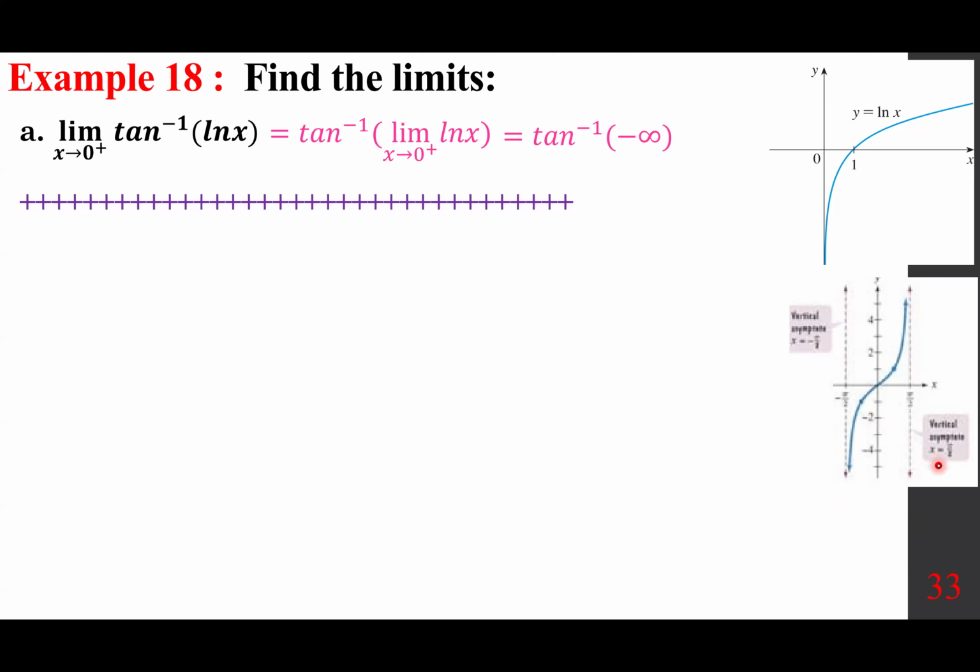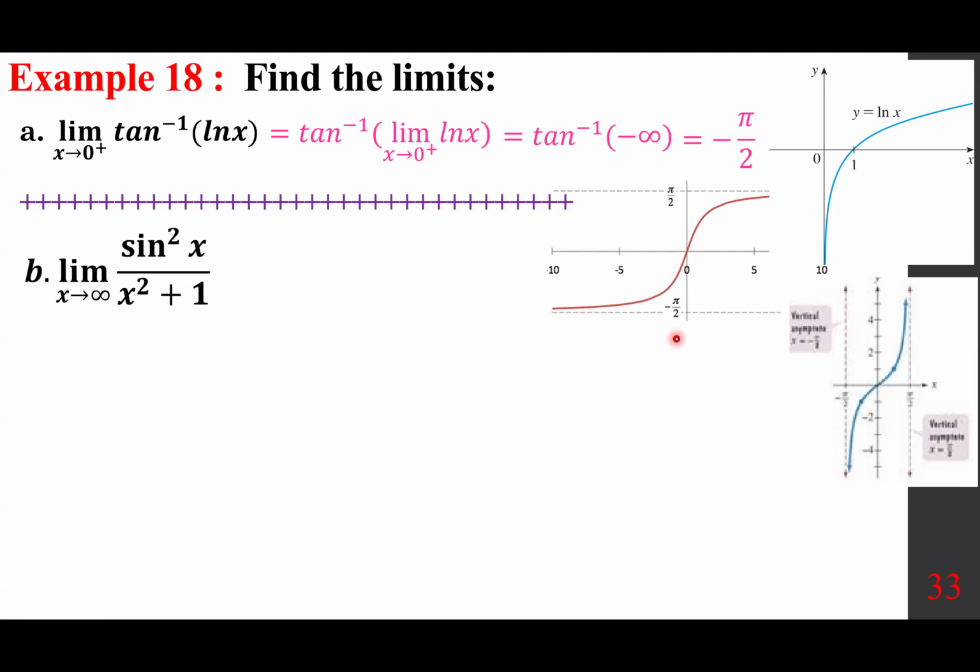X equals minus pi over 2, x equals positive pi over 2, and its inverse has to have two horizontal asymptotes, y equals pi over 2, y equals minus pi over 2, and the answer is minus pi over 2, tan inverse of negative infinity. So as we go towards negative infinity, it goes towards the horizontal asymptote of minus pi over 2.